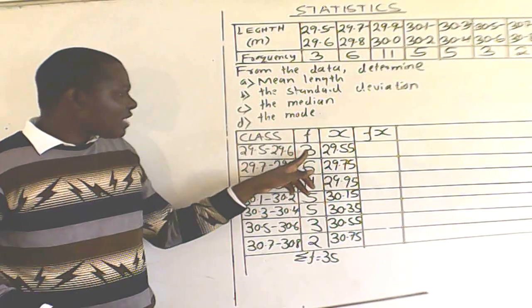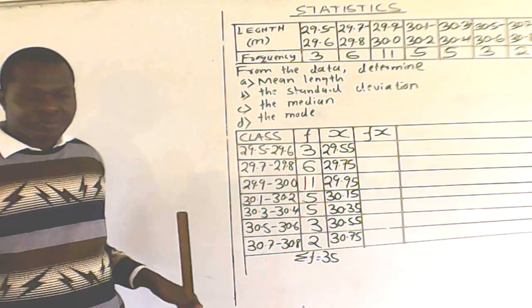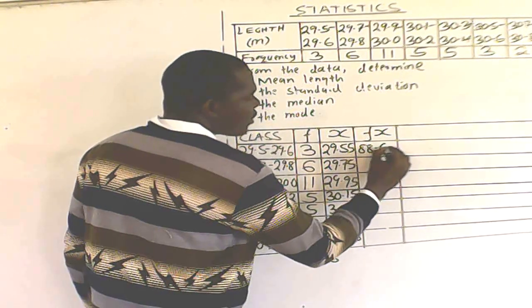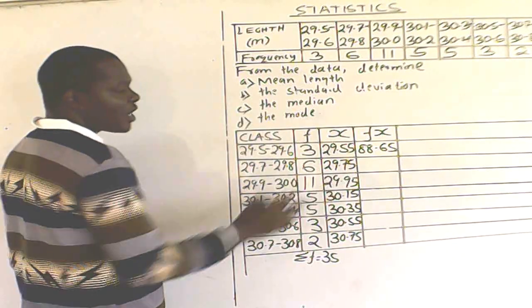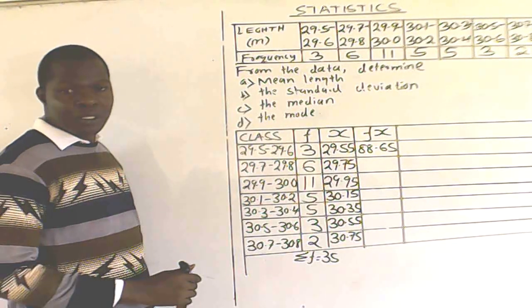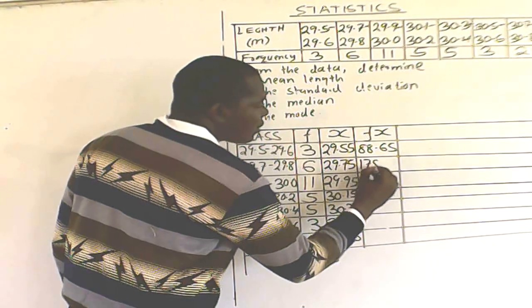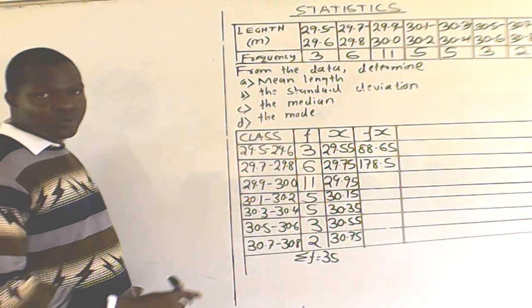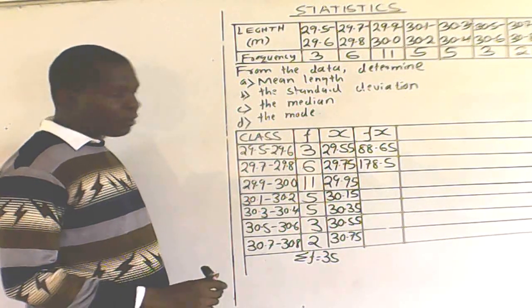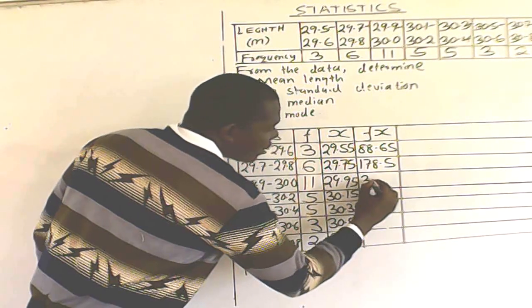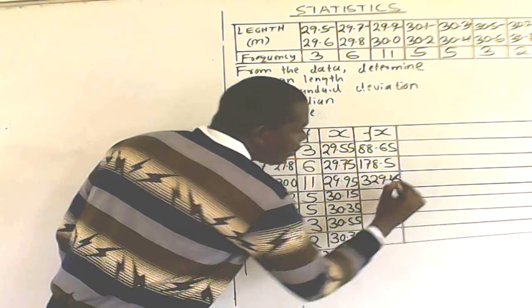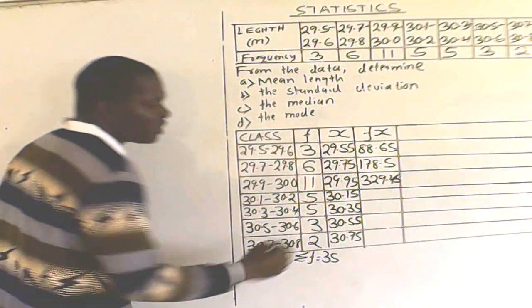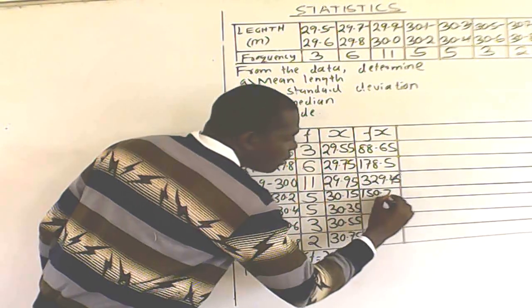So f times x: 3 times 29.55 is 88.65. Then 6 times 29.75 is 178.5. Then 11 times 29.95 is 329.45. Then the next class, 5 times 30.15 is 150.75.